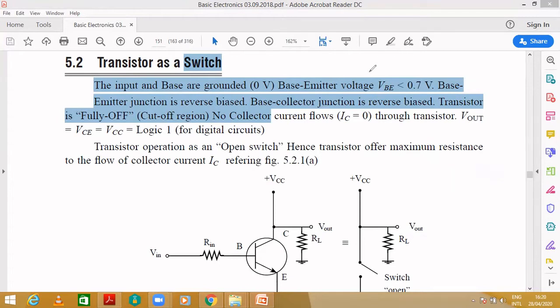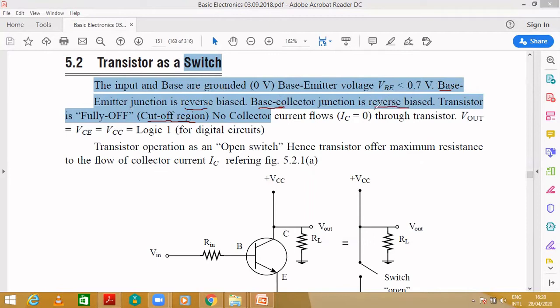First, we go with the transistor as a switch. When the transistor acts as an off switch, the base emitter junction is reverse biased and the base collector junction is also reverse biased.